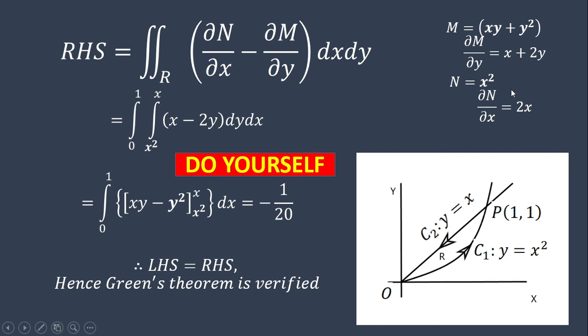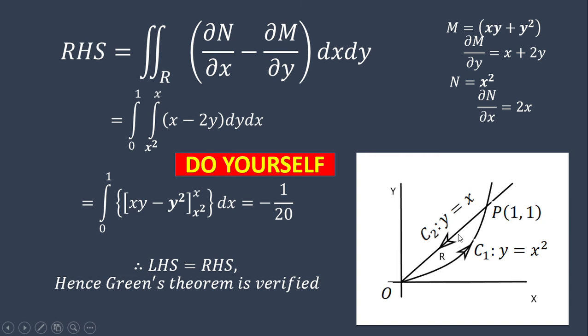Now you put these two values in this expression and observe that here we have changed the order of integration. First we are integrating with respect to y. So we have to take the y limits. Earlier I have told you how to take the limits.